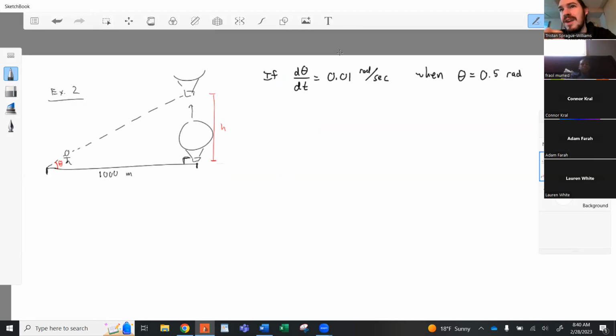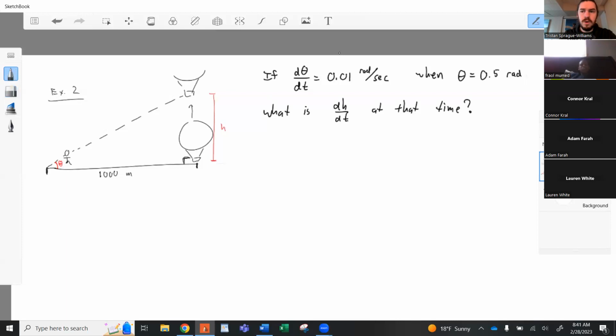Notice I'm doing everything in radians for us. If I had done this in degrees, we would have had to convert to radians. I could be giving you this information in degrees per second and degrees, but we would just immediately convert them, so I'm giving it to you directly in radians. What is dh over dt at that time? That's the goal here.